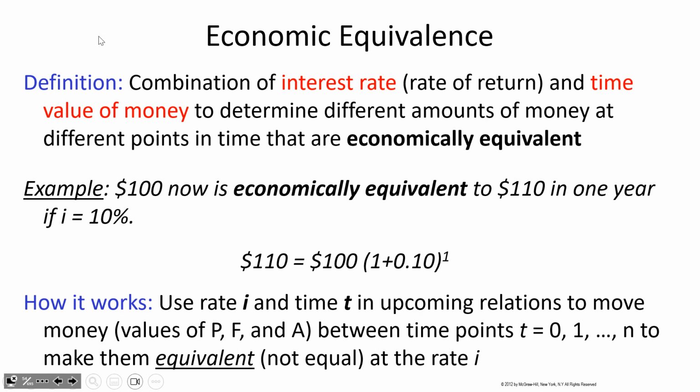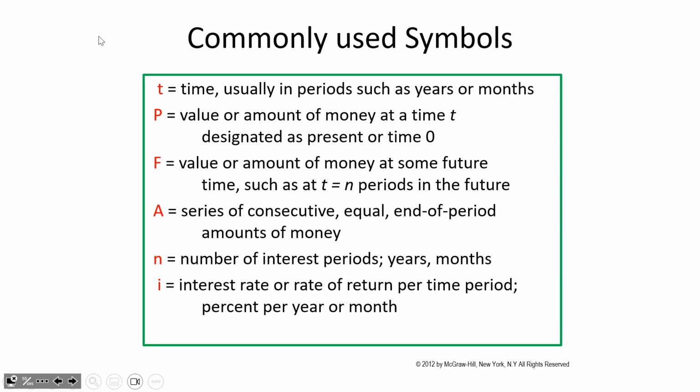But the way these economic equivalence problems work, which is, by the way, there are plenty of them on the fundamentals of an engineering exam, the engineering licensure exam that you should take in your senior year, there will definitely be problems like this where you're finding out equivalent amounts some years in the future. So the symbols that will apply in these economic equivalence type problems: T is time, P present value, F future value, A an annual series, N a number of periods.